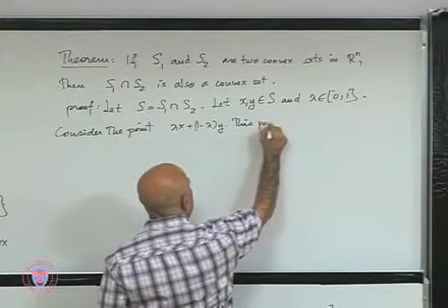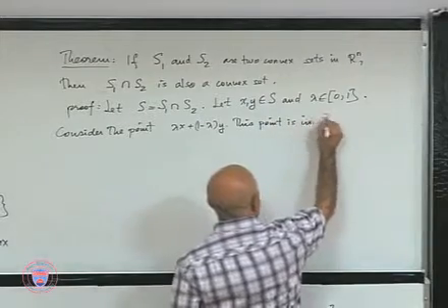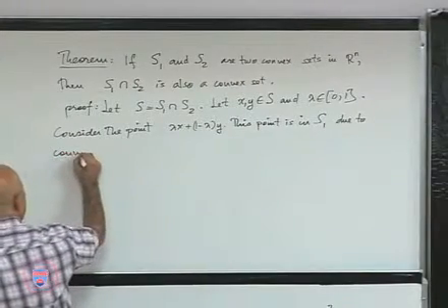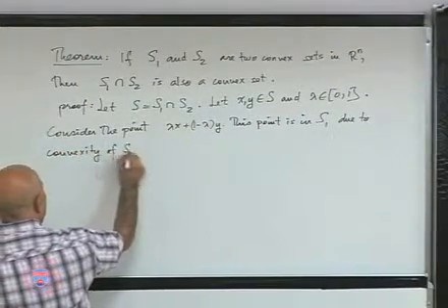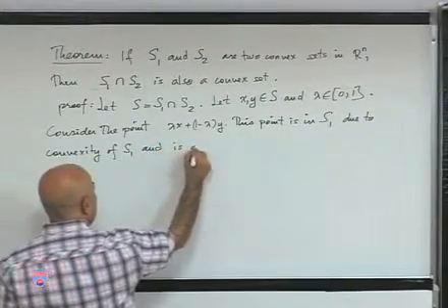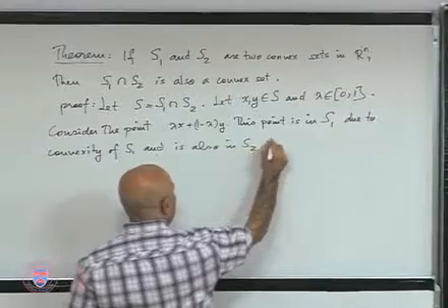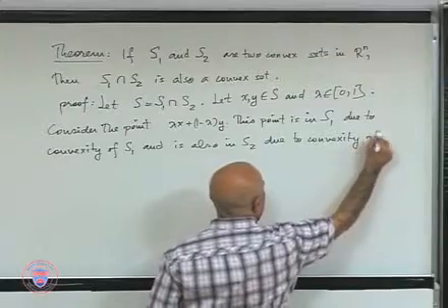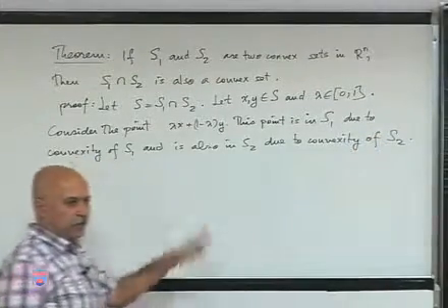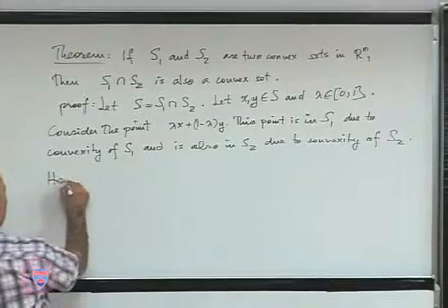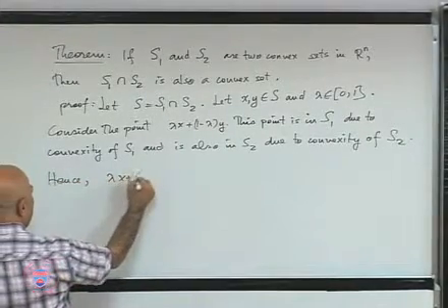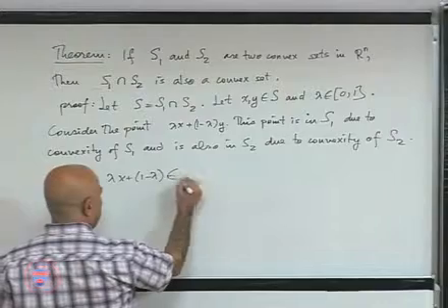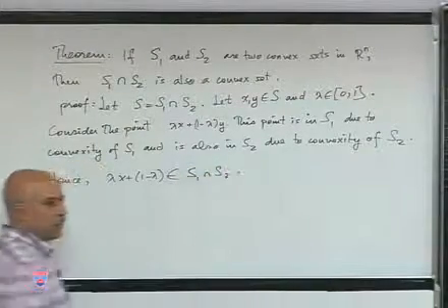This point is in S1 due to convexity of S1 and is also in S2 due to convexity of S2. Görkem, this is what you're saying, right? Hence, this point, because it belongs to S1 and S2 at the same time, belongs to the intersection. That's it. Good.